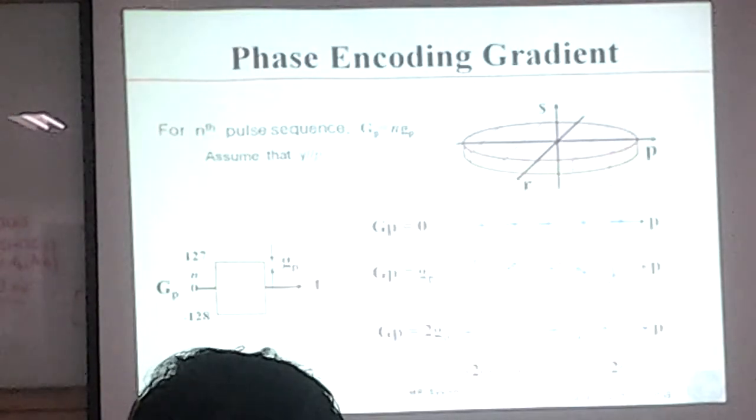So each spin has a different precession frequency. After the gradient pulse has ended, the spins have a different rotation position like this, and each rotation position is proportional to the gradient field strength or the duration of the gradient pulse. Because the position of a spin is the phase of the spin, right?